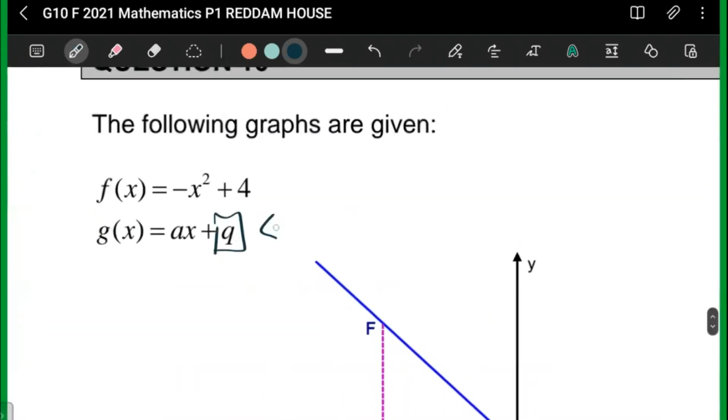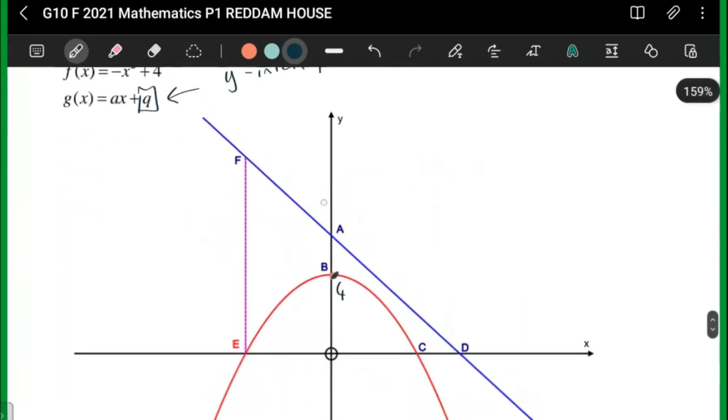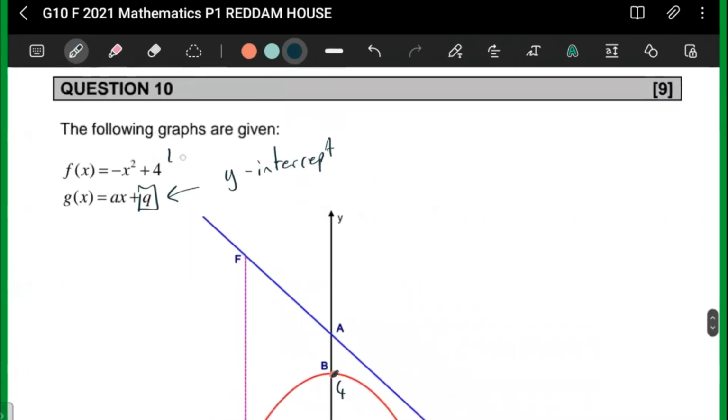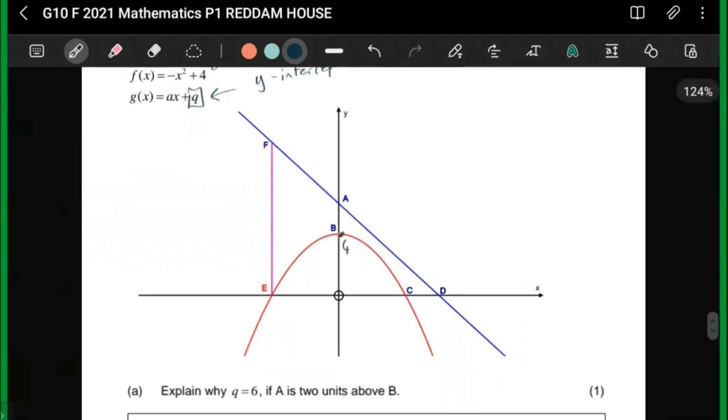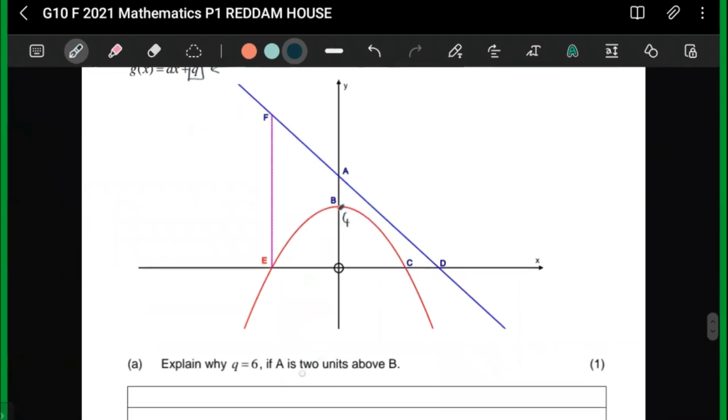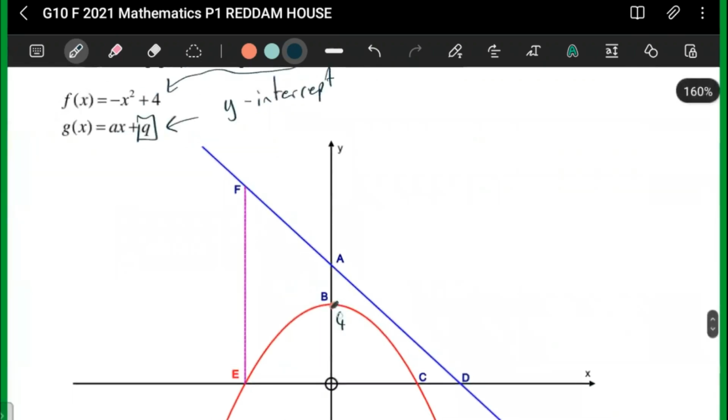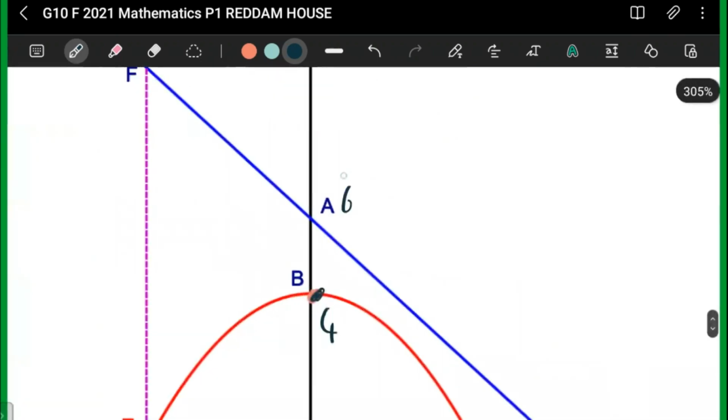Q is the y-intercept of the straight line graph. What you also then need to know is that this is also the y-intercept of the parabola. So if A is 2 units above B, it means that if this is a 4, this has to be a 6.